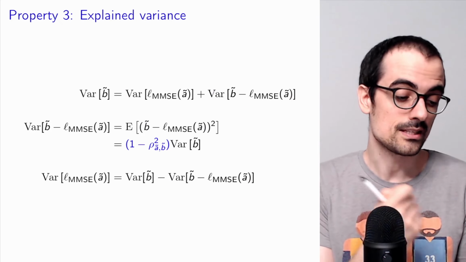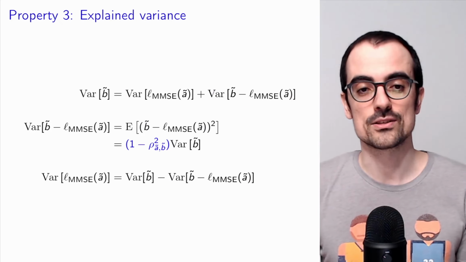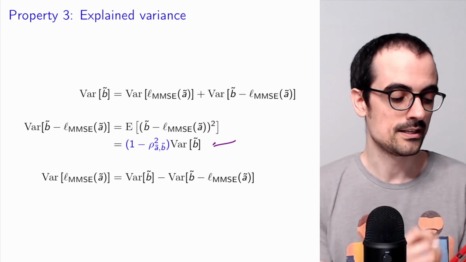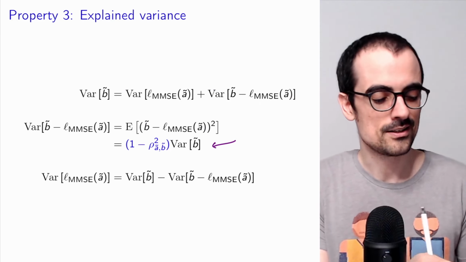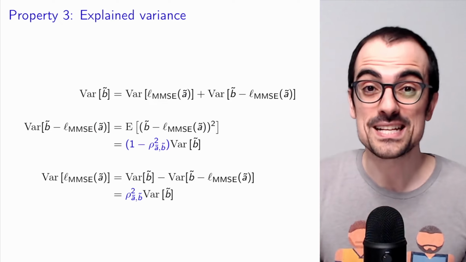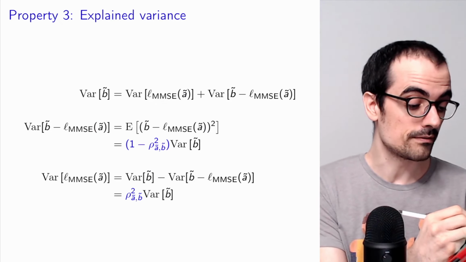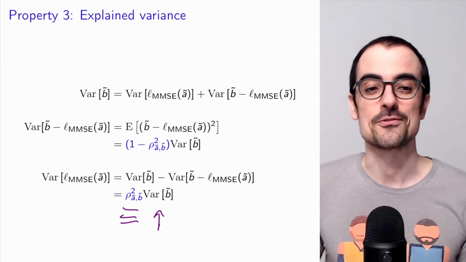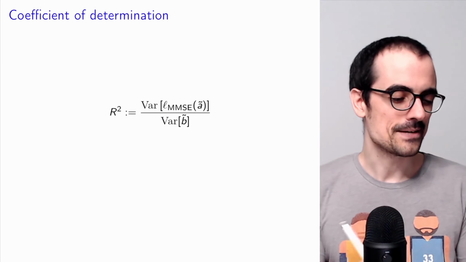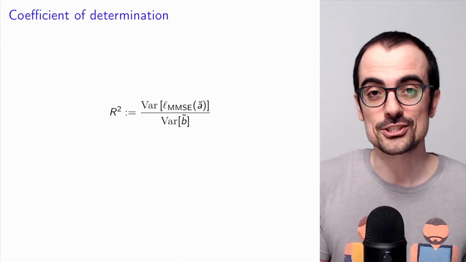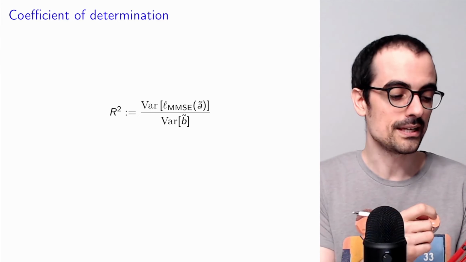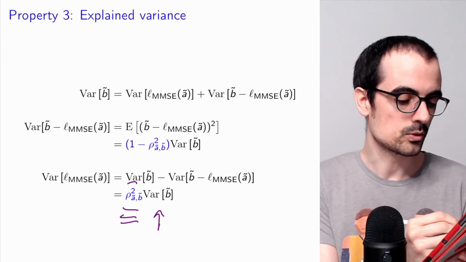How much variance is captured by the linear estimator? Well, the variance is equal to the variance of B minus the variance of the residual, which we know is 1 minus rho squared times the variance of B. So the variance captured by the linear estimator is exactly equal to the square of the correlation coefficient times the variance of B. Okay, and that fraction of the variance of B is hence equal to the square of the correlation coefficient.